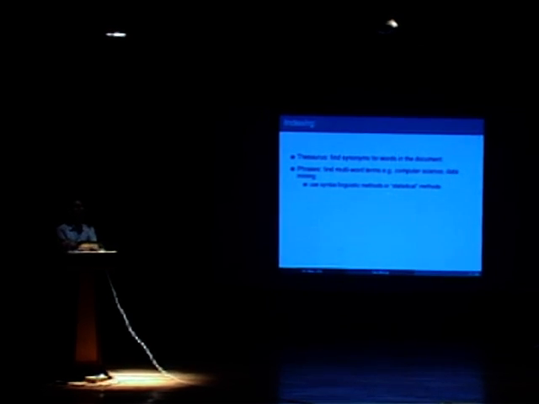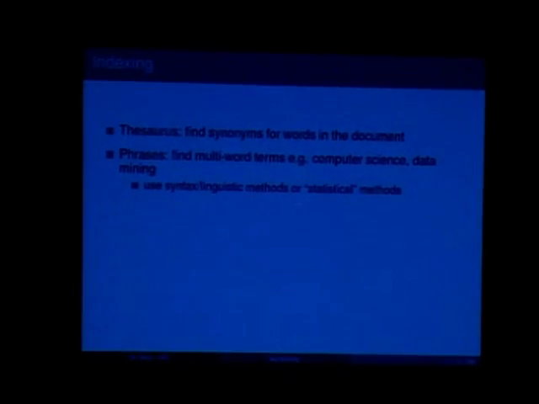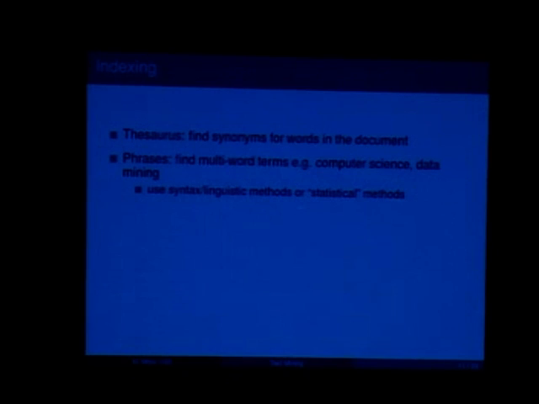Maybe even an adjective followed by a noun. You could make up a list of rules like that. But once again, as with Porter's algorithm, that's language dependent. So it might be a better idea to use something that's more statistical in nature and therefore portable across languages.